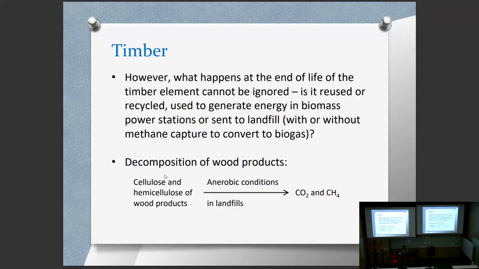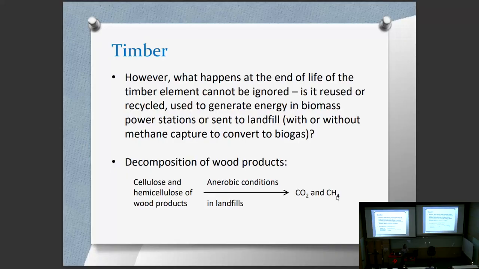When these wood products decompose through anaerobic decomposition, carbon dioxide and methane will be released, and they are all greenhouse gases. Of course, you may also capture this methane for power generation.